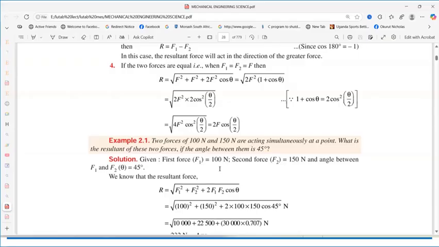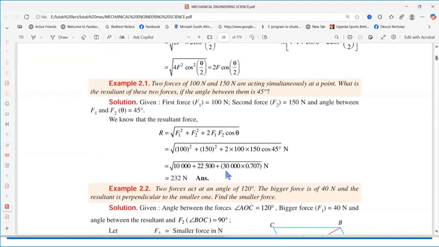Now we want to look at an example so that we leave here when we have at least calculated one example.